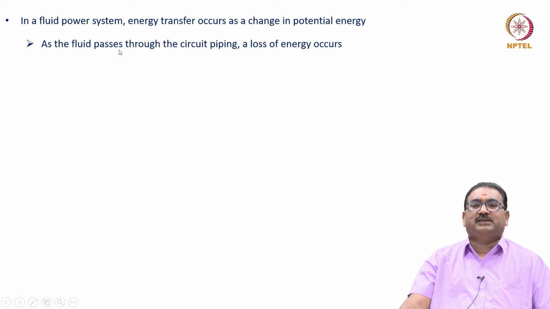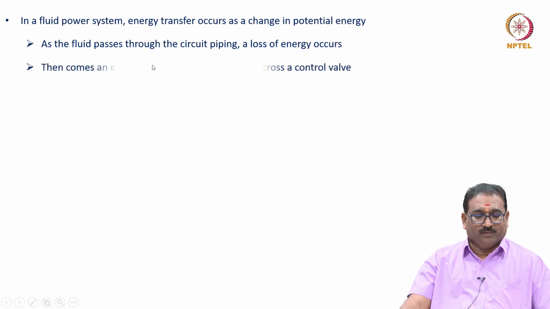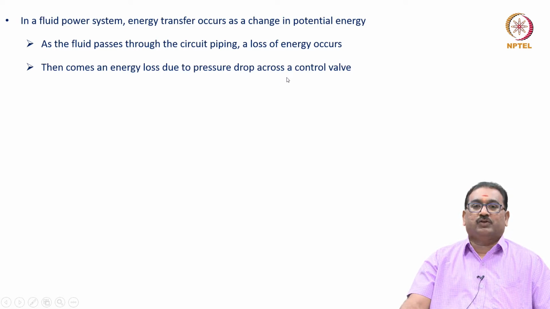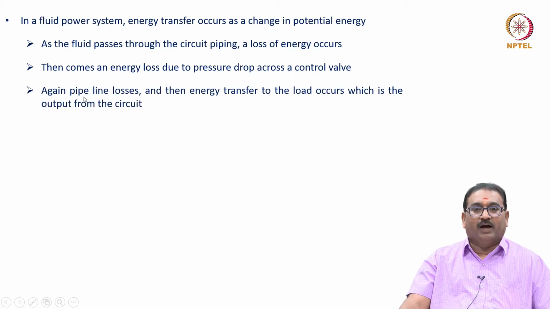As the fluid passes through the circuit piping, a loss of energy occurs due to the friction and roughness of the pipe, and many things will affect it. Then comes an energy loss due to pressure drop across the control valves. Again pipeline losses, and then energy transfer to the load occurs, which is the output from the circuit.